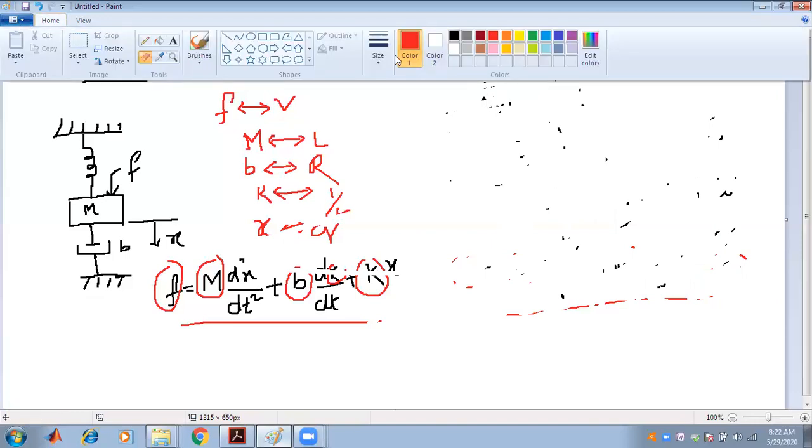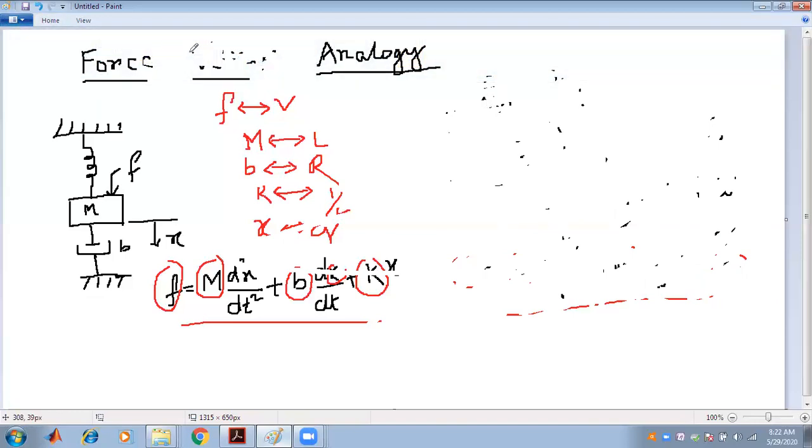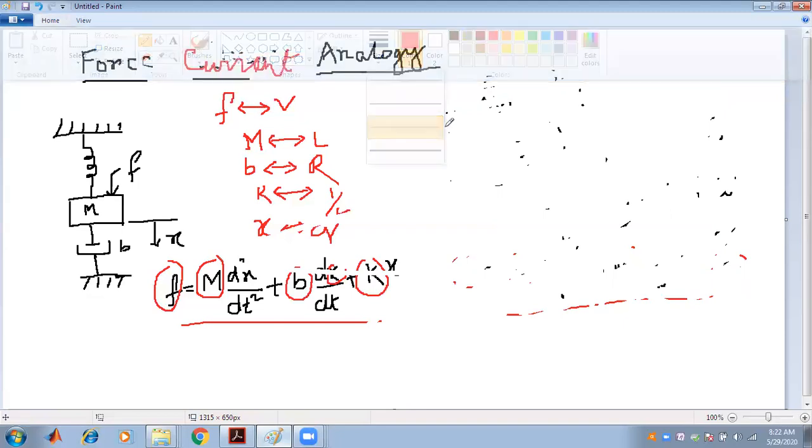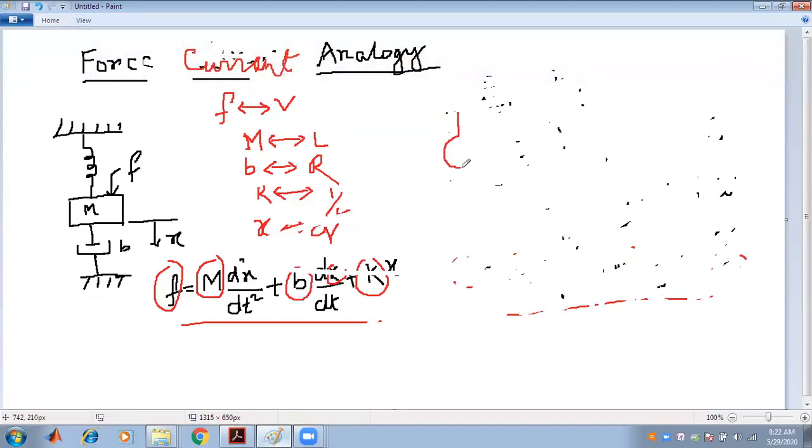Now I am going for the force current analogy. How are force and current related in the force current analogy? So let us take a circuit in order to find the comparison between force and current.